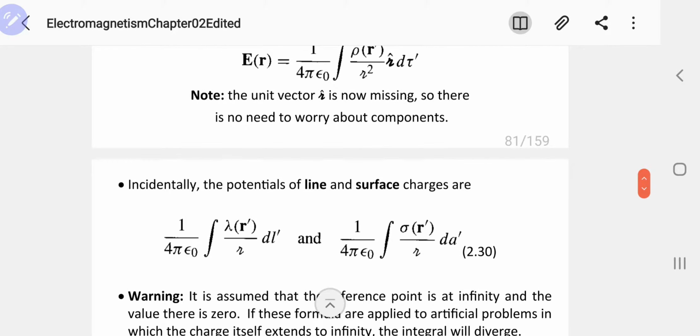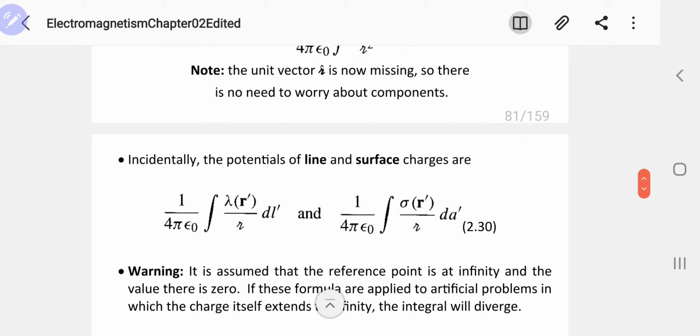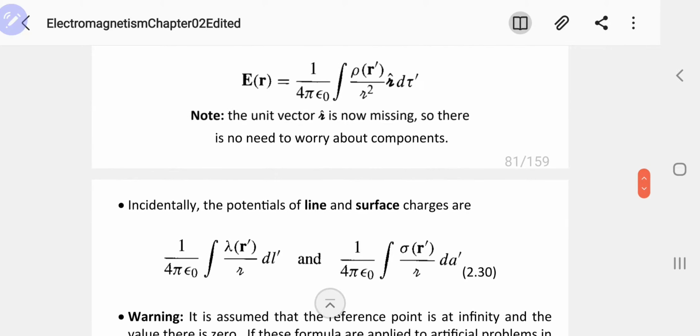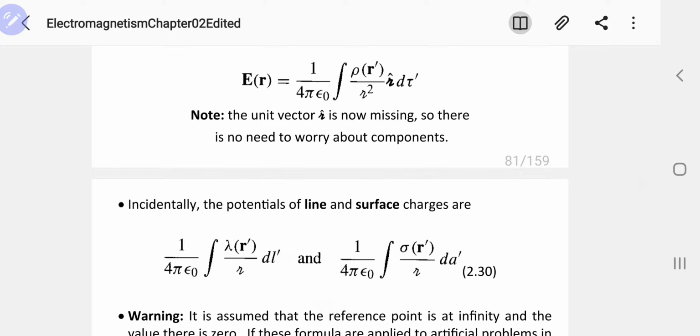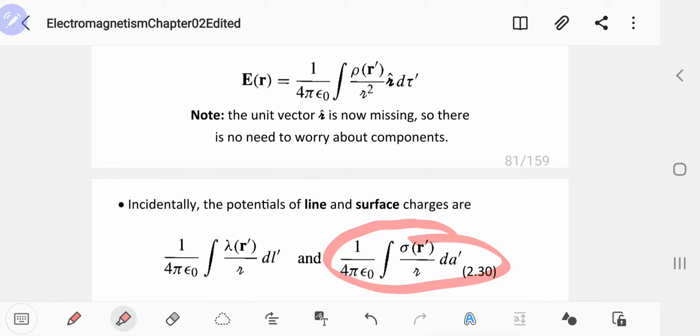In this case, you're talking about a spherical shell, which has a surface charge density, so we'll be using this formula to find the electric potential.